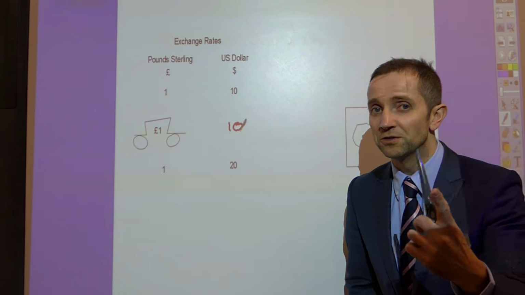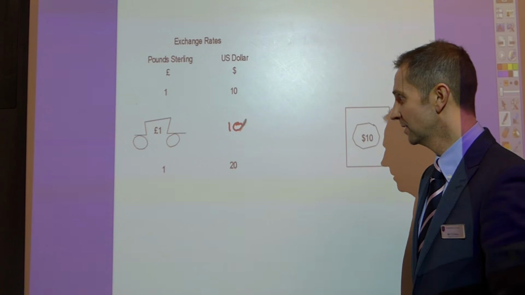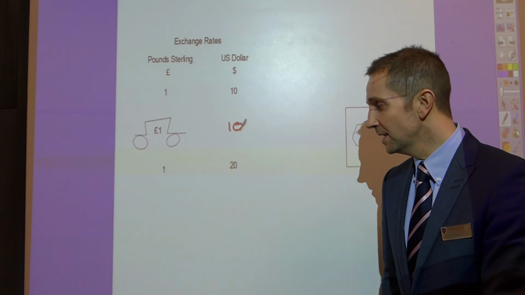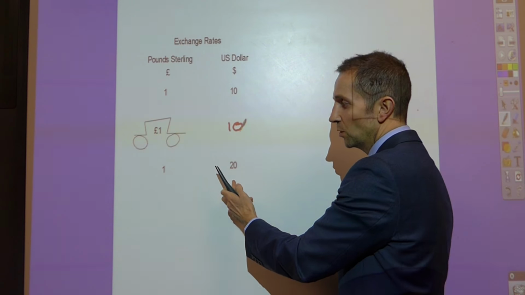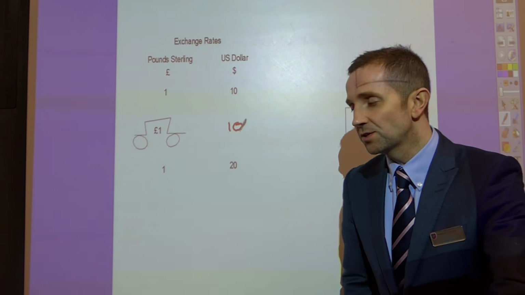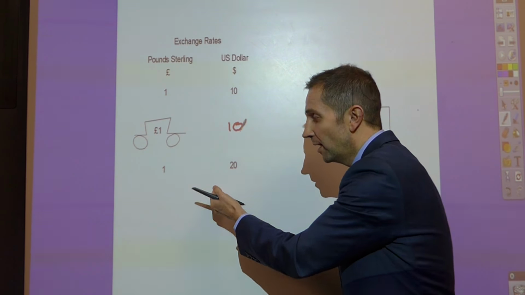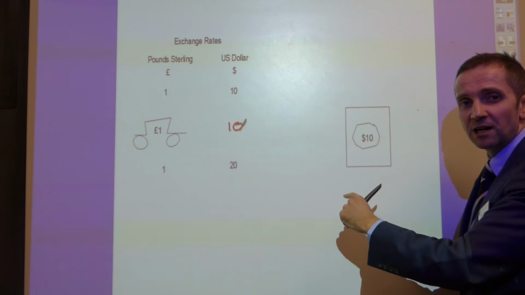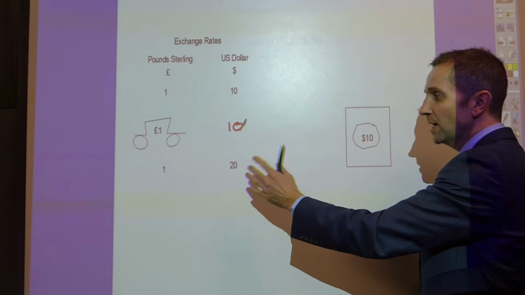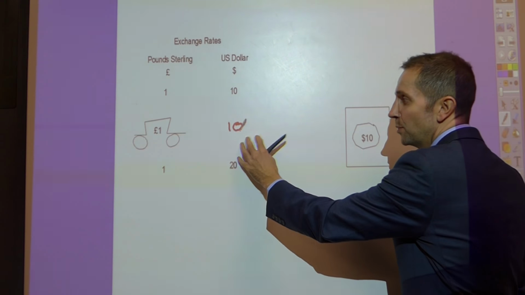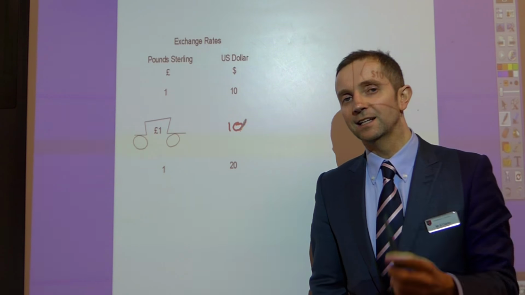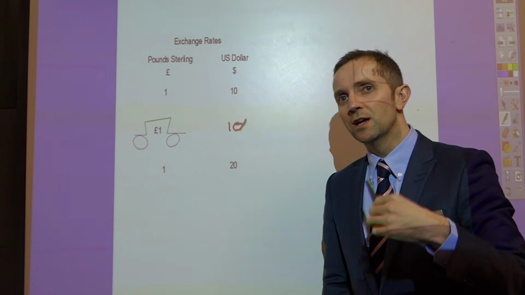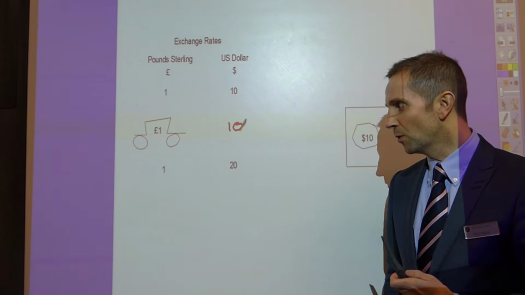Or, if we only wanted one, which is the norm, then if £1 buys 20 US dollars, 50 pence, half of that, would buy us 10 US dollars. And so the import from the United States would only be 50 pence. And so the import is cheaper. And again, ladies and gentlemen, I say to you, that is the flip side of the same coin.